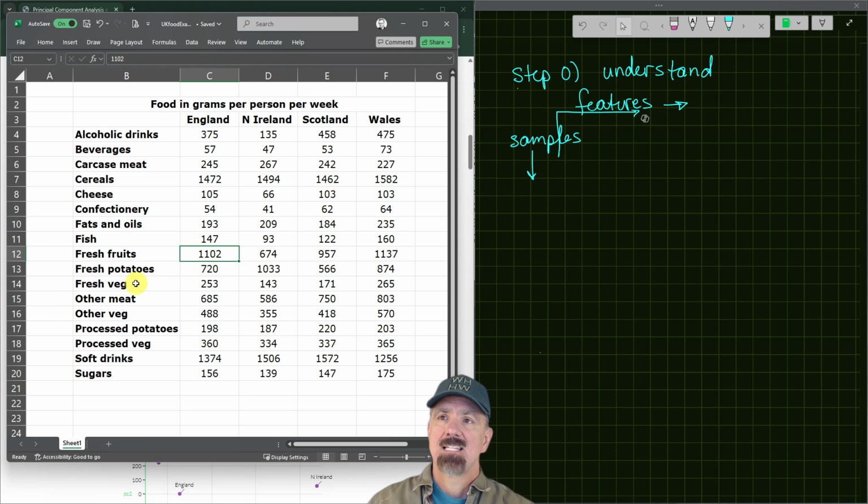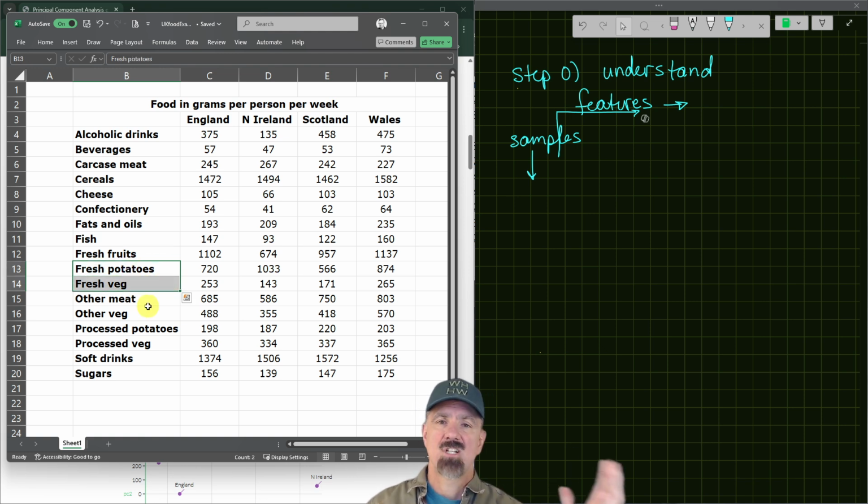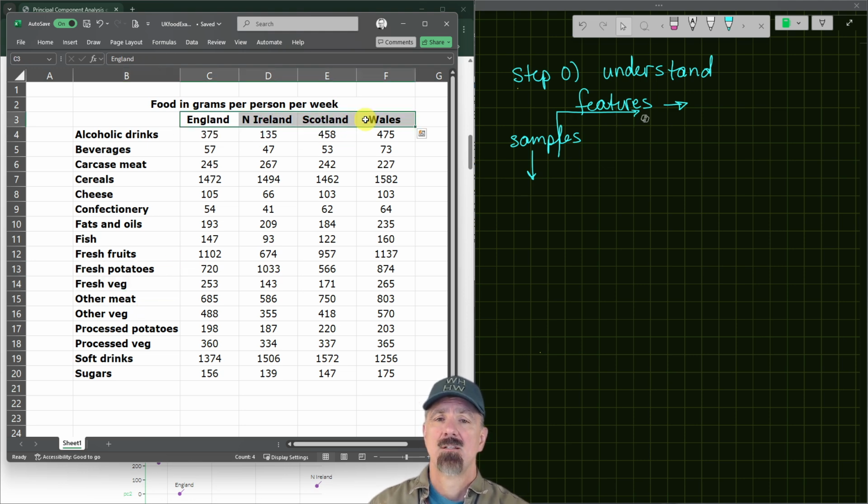It doesn't make any sense to think about the fresh potatoes are a sample across these countries, but then fresh vegetables is another sample across the countries. Those are different things, right? The fresh potatoes and fresh vegetables don't necessarily have anything to do with each other, whereas these are all countries, and those are what we're using for samples.